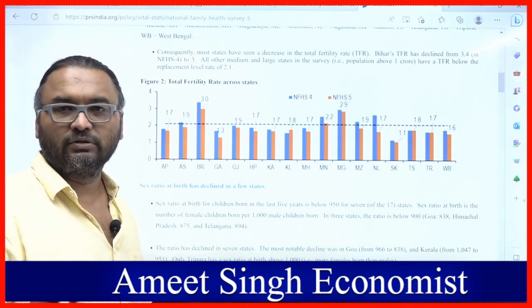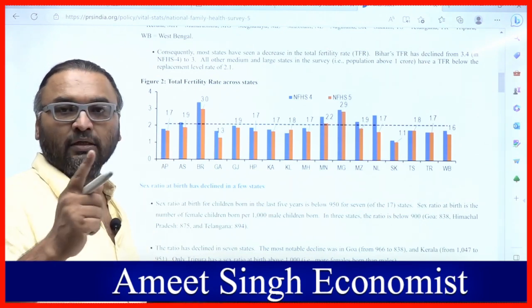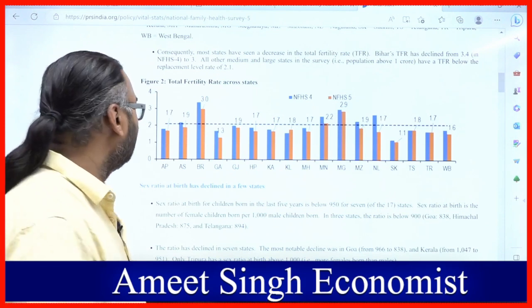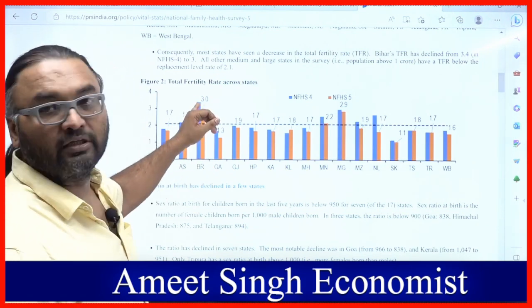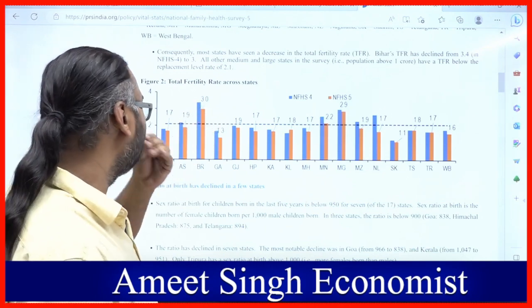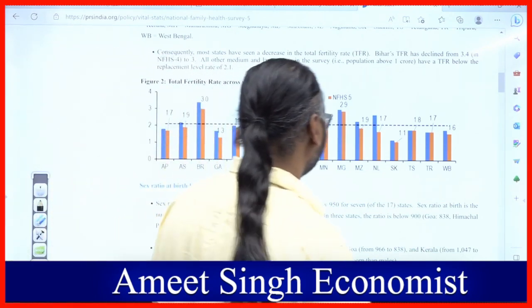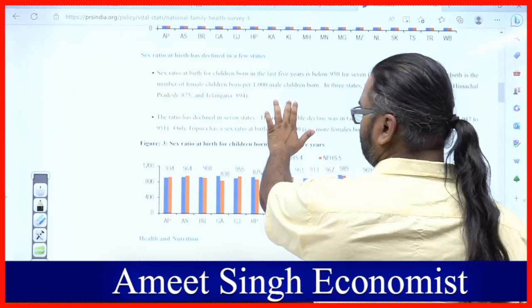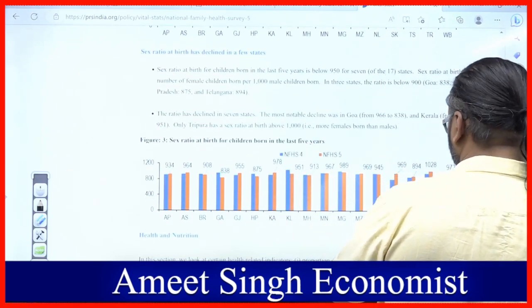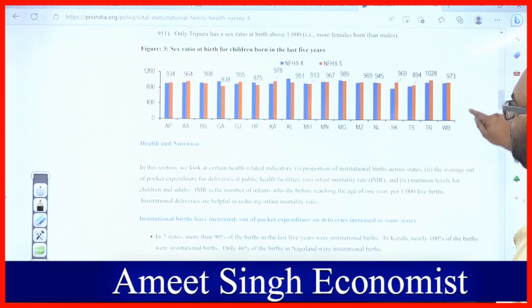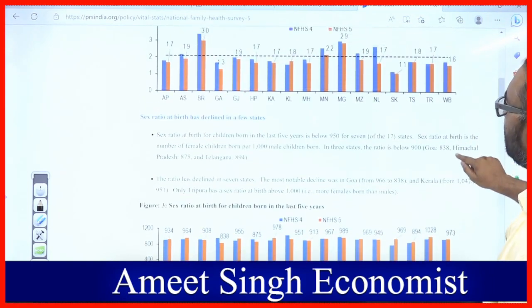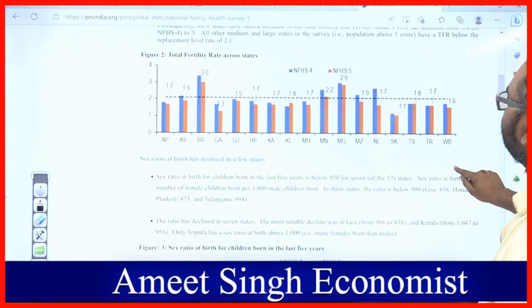And there are only 2 states which are beating this TFR. One is Bihar, BR over here, which is at 3.0. And the second, I'm sure, is the usual suspect, Uttar Pradesh, which should be here. UP, where do we go? Okay, so UP isn't here, but UP is also about 2 point something.